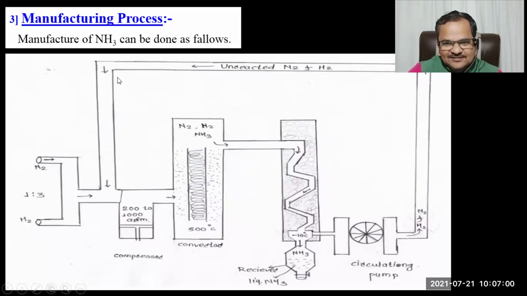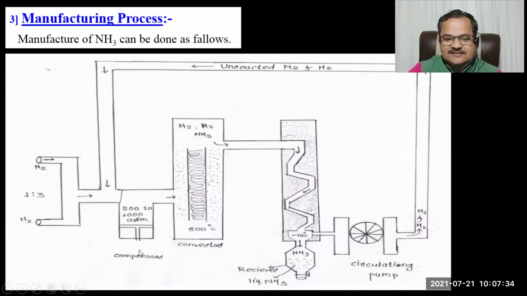Again, these unreacted N2 and H2 are brought into the compressor along with freshly incoming N2 and H2 gases. Here N2 and H2 gases are freshly incoming. And here some of the unreacted N2 and H2 are circulated and also fed to the compressor.